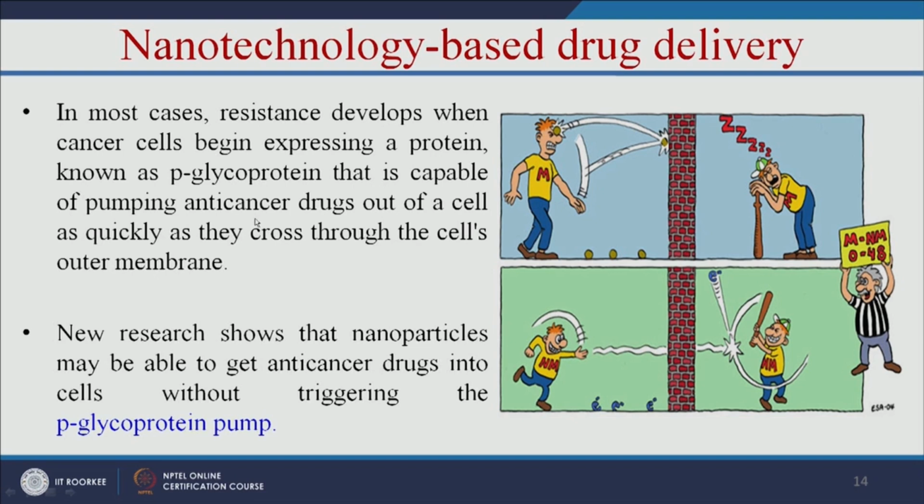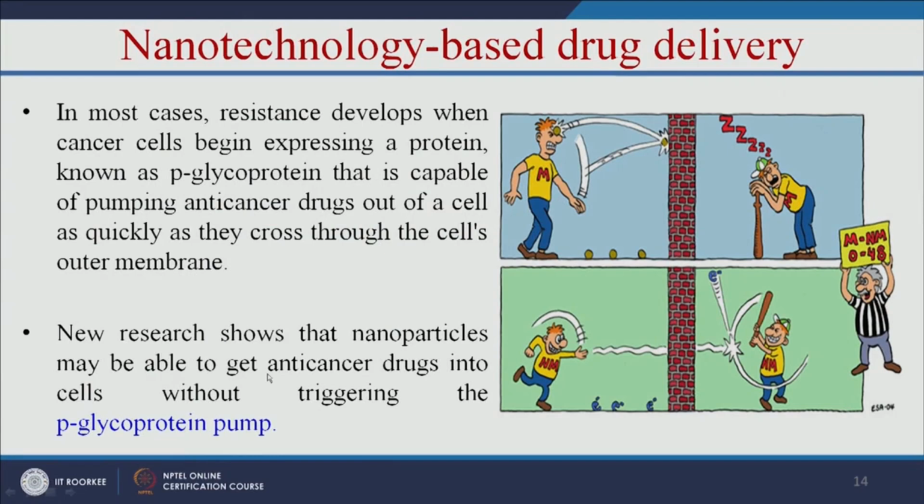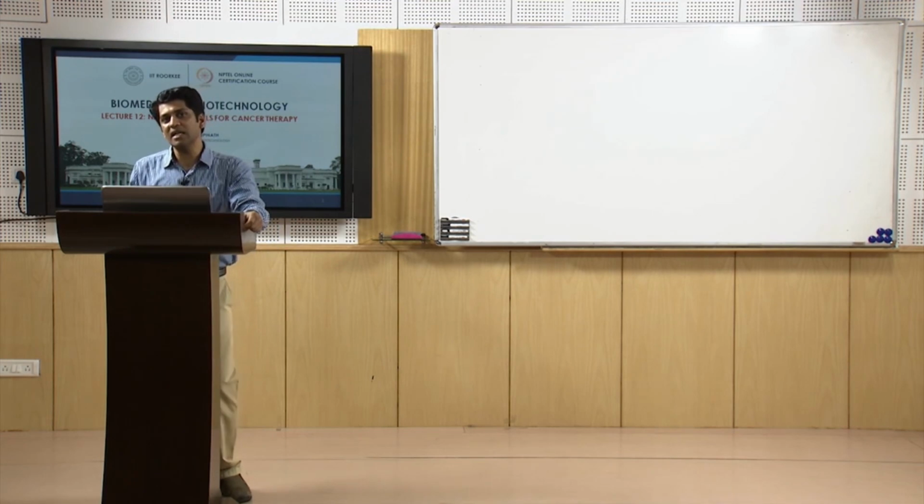So in most cells, the P-glycoprotein pump will be active. So when you give the anti-cancer drug, it will immediately pump out your anti-cancer drug. When you use nanoparticles, they can get the anti-cancer drugs into cells without triggering the P-glycoprotein pump. So when you use nanocarriers, they escape the P-glycoprotein pump, enter the cell and release the anti-cancer drug.